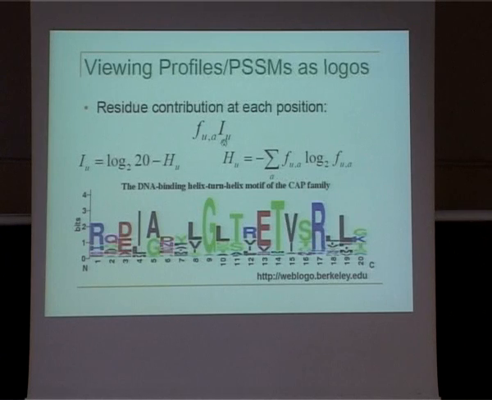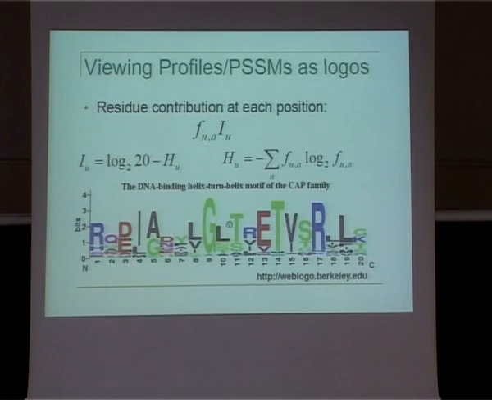This I does not depend on the residue type, as you can see. It's a measure that you compute for a position. So each position has a different information content. If a position is more conserved, its entropy is lower, but we want to take the reverse of that. Less varying information is good biologically.